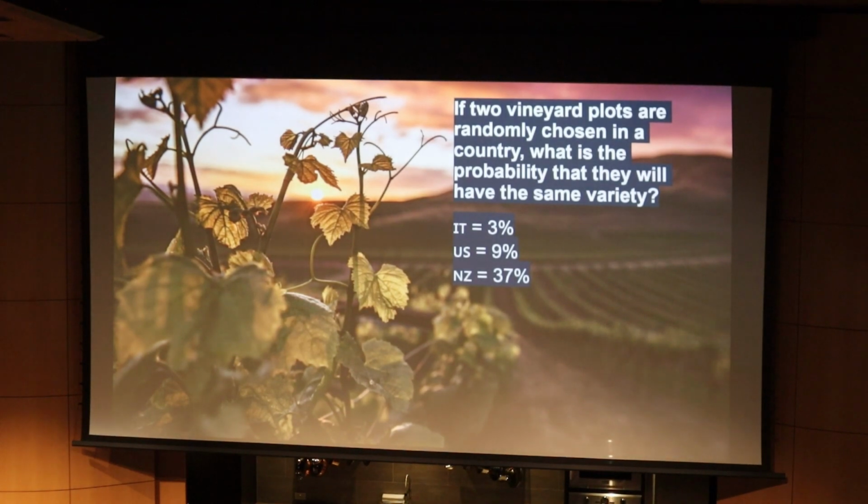Italy has the lowest varietal concentration index, 3%. New Zealand has one of the highest, 37%, mainly because it's so concentrated in Sauvignon Blanc. And the US is somewhere in between these two, with 9%, which is a pretty standard value for most non-European wine-producing countries. So the answer to this question for the US is 9%.